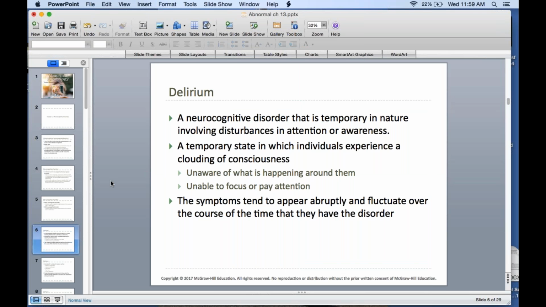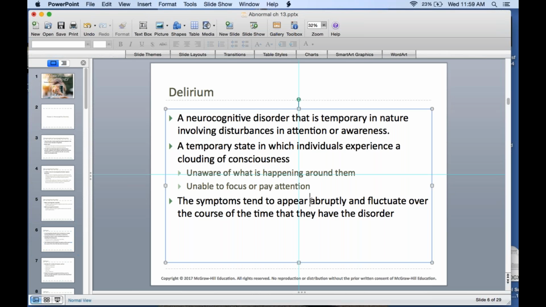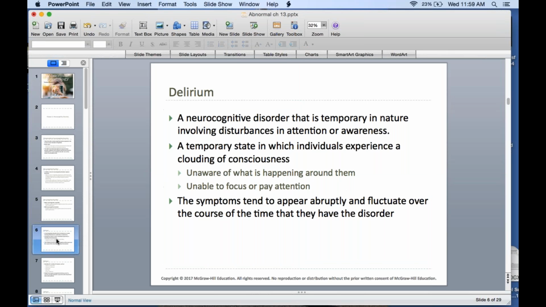It's a temporary state in which individuals experience a clouding of consciousness. Maybe they're a little unaware of what's happening around them. Maybe they're unable to focus or pay attention. This is the other word, aside from temporary, that you want to remember: abruptly. If you're a flashcard person, you'd write delirium, temporary, and abruptly.